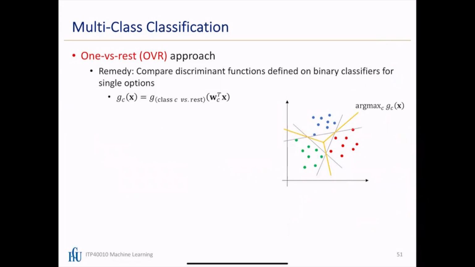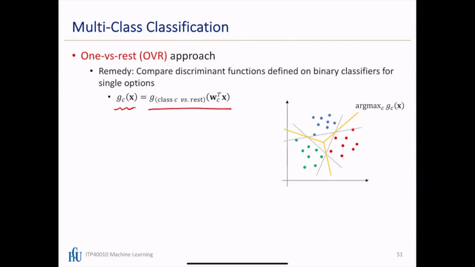And one remedy is to use the property of logistic regression. Logistic regression returns the confidence of the decision. So based on the confidence that you can estimate from the model, you can maximize that quantity. From now on, we can build a decision rule like this for multi-class classification. G_C, the discriminant function for class C, represents this value.